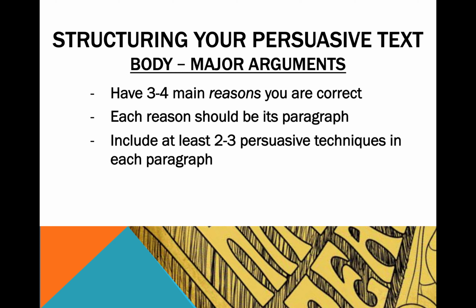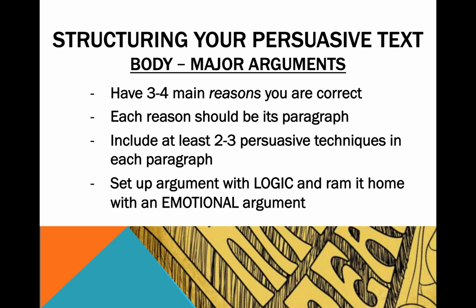So by the time you're done, you'll have your opening, your proposition statement, and then at least three points that explain why you're correct. A very logical and effective way of doing this is to set up your argument with logic and then to really bring it home with an emotional investment from your reader. So maybe your first two or three reasons could be very logical reasons, and then your next reason or your final two reasons could really get that emotional investment that you want.